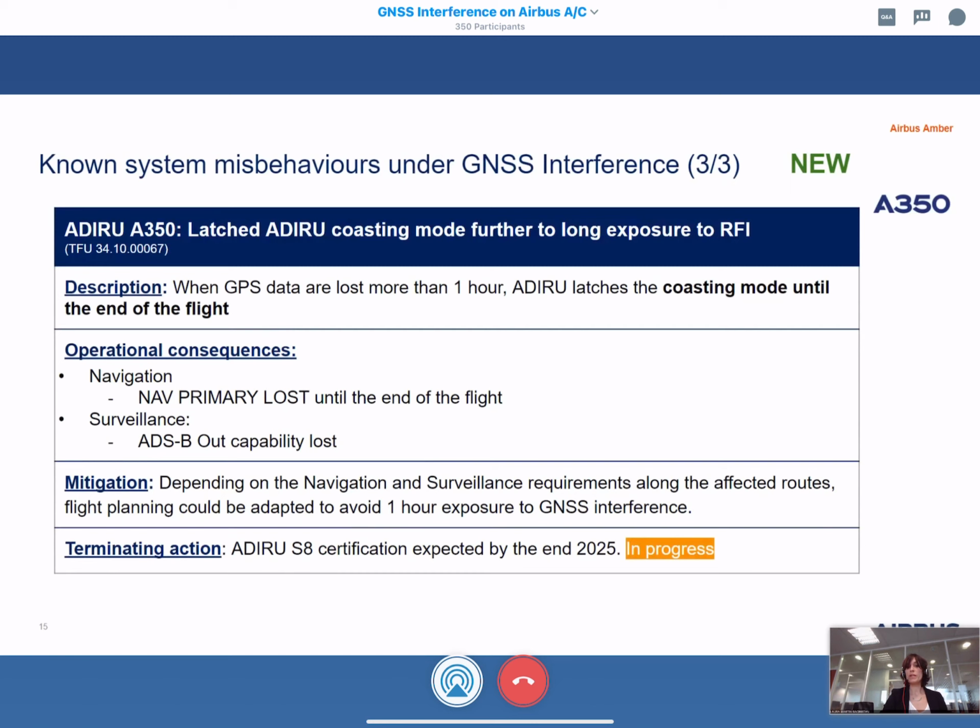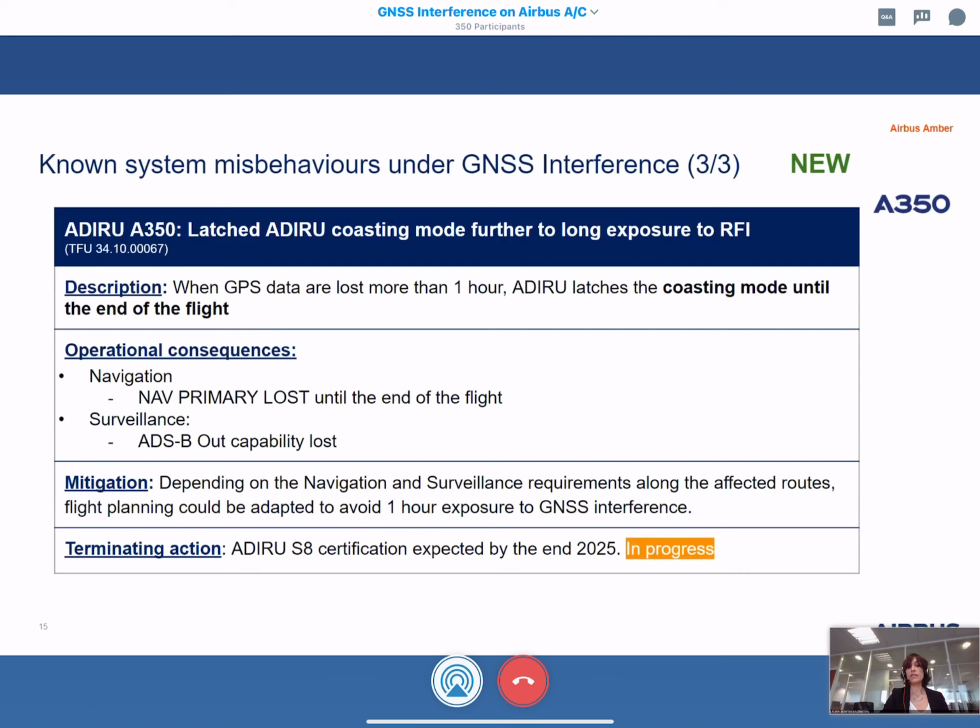Which are the operational consequences? We can have, regarding navigation, the loss of nav primary until the end of the flight, and for the surveillance, we could have the ADS-B out capability lost until the end of the flight.